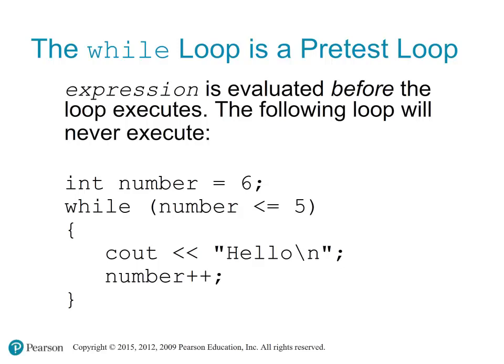Because number is initialized to 6, the condition number less or equal to 5 is false from the start. The loop will not execute even once. The statements inside the loop are irrelevant in this case because the loop never executes. The loop is terminated before it even starts due to its initial false condition.